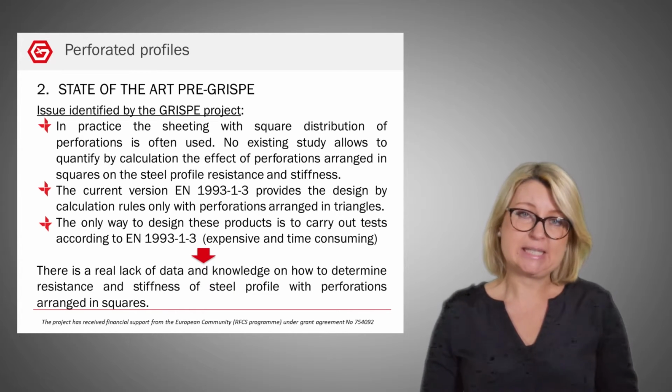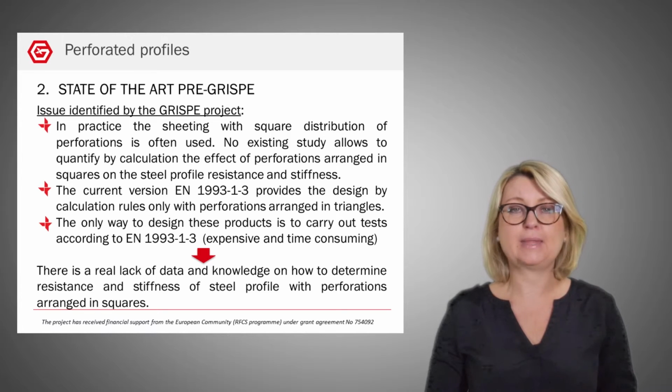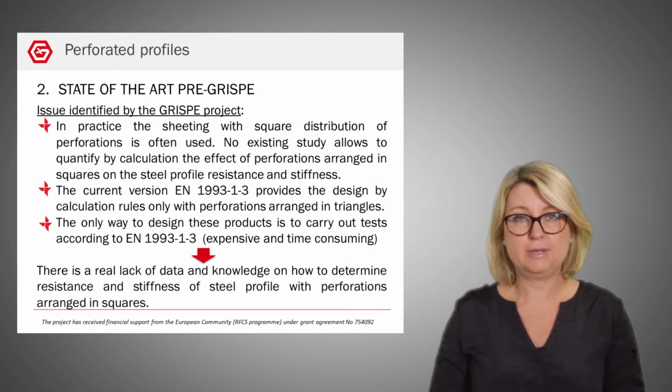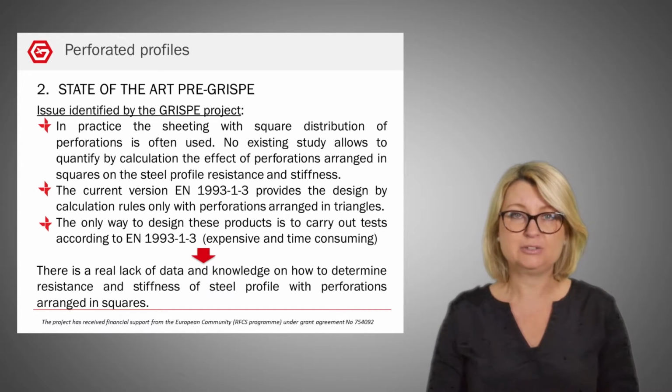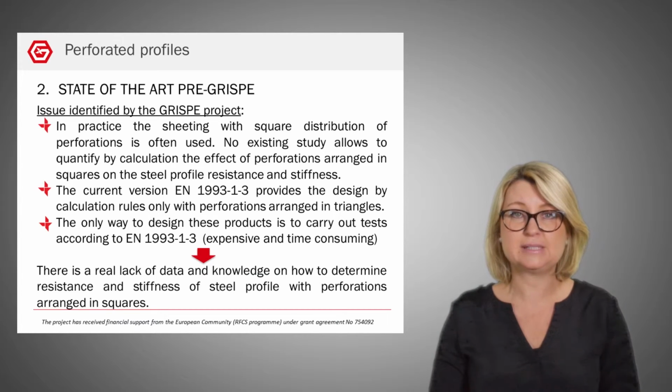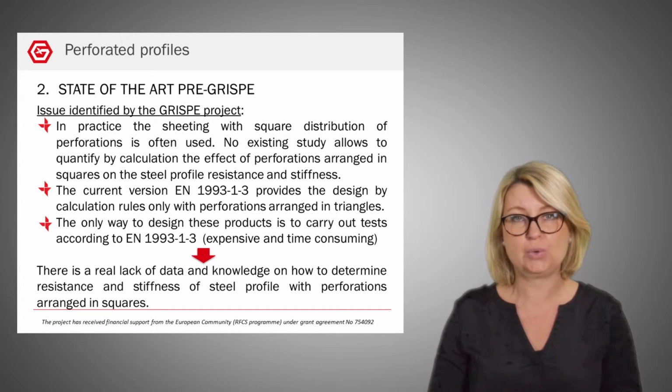But such tests are expensive and time-consuming. So we could confirm that there was a real lack of data and relevant knowledge on how to determine the resistance of steel profiles with perforations arranged in squares, and that an innovative methodology was necessary.